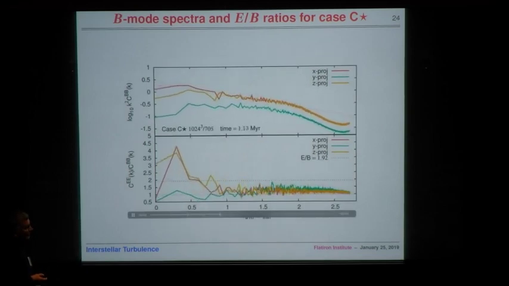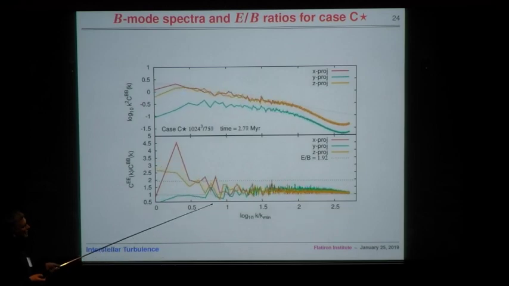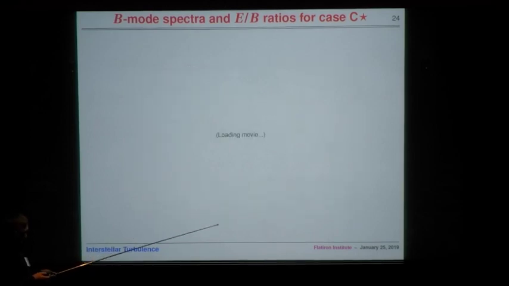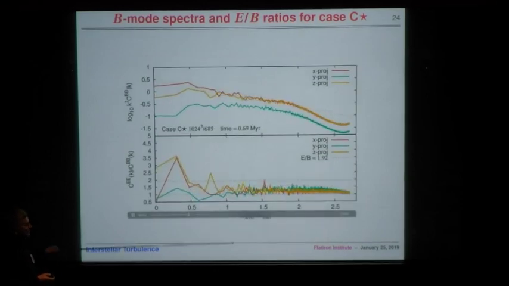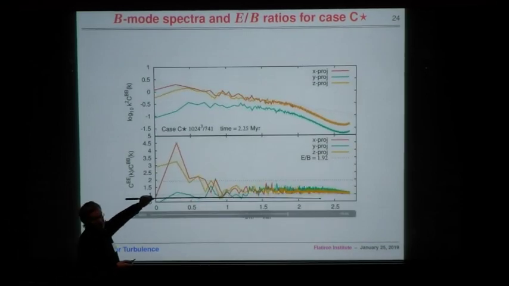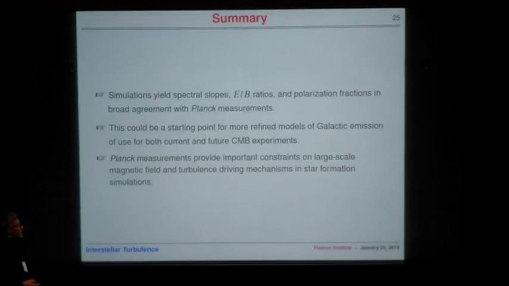So I was looking at details of how this thing evolves. Maybe I can show it once again. And it's consistently below. There is nothing, this activity comes from the forcing, okay? So this is my summary, and I think I will stop.